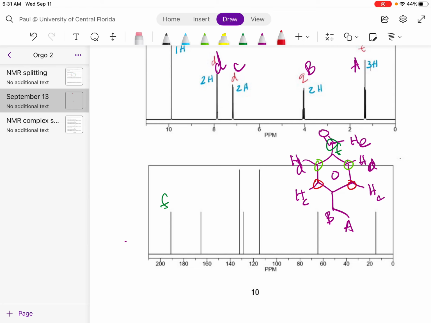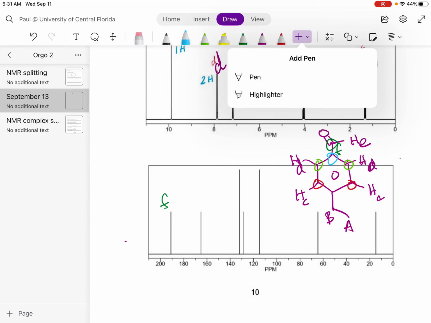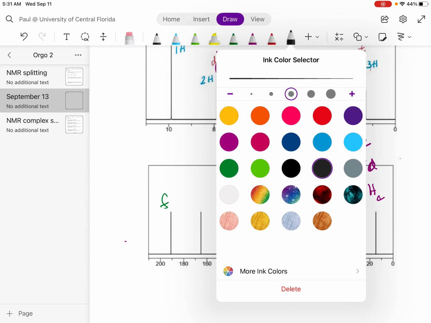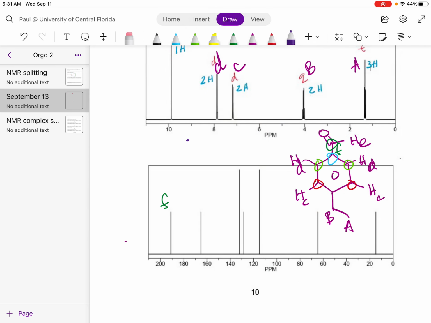Okay, so we have 2 right there that are similar. And then we have this carbon right there, and let me find another color here. Let's go purple. And that carbon right there.